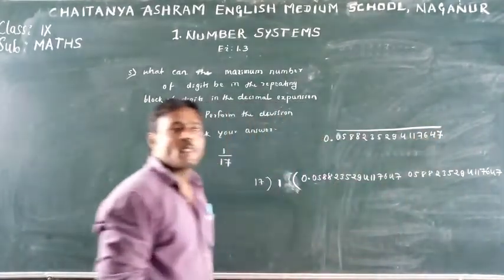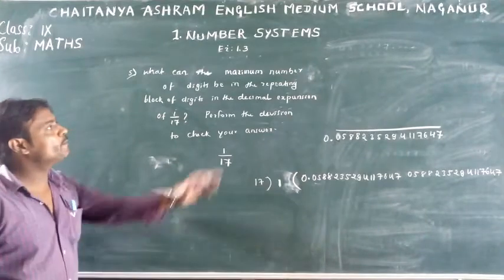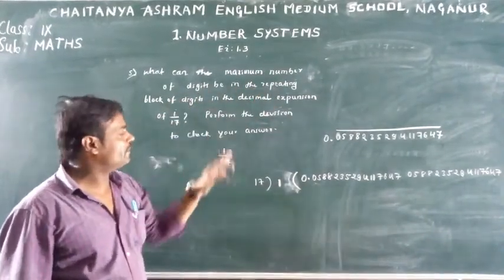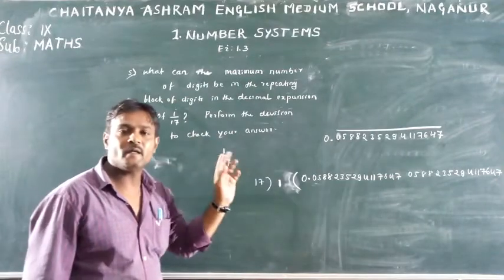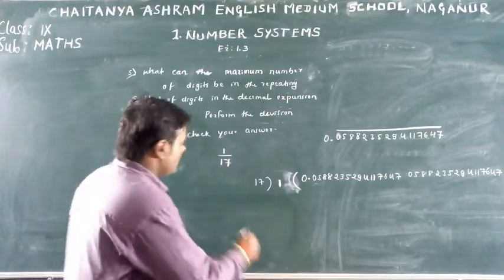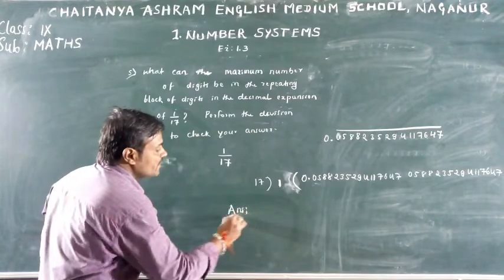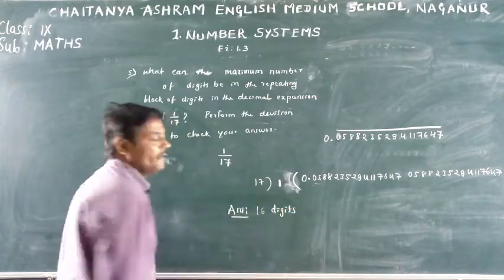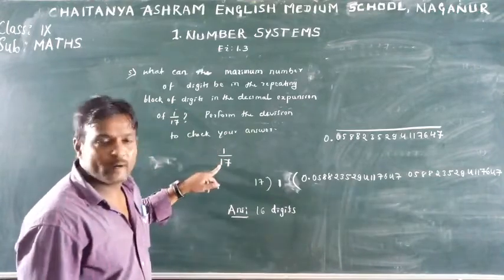So what is the maximum number of digits in the repeating block of the decimal expansion of 1 by 17? 16. 16 digits are repeating in the decimal expansion of 1 by 17.